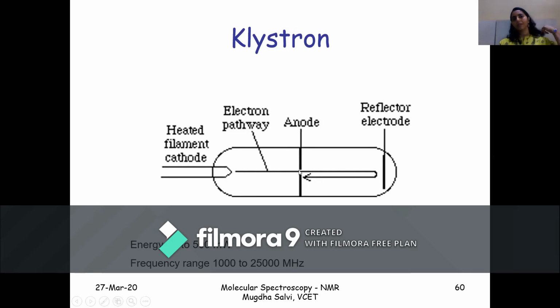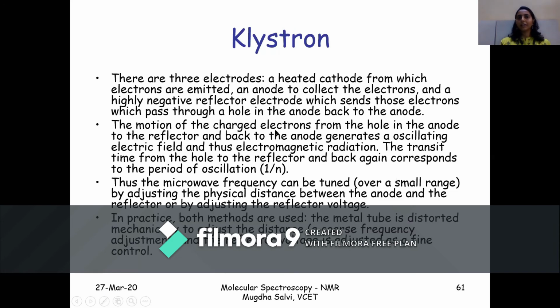So there are three electrodes: a heated cathode from which electrons are emitted, an anode to collect the electrons, and a highly negative reflector electrode which sends the electrons, which pass through a hole in the anode, back to the anode, on the opposite side of the anode.